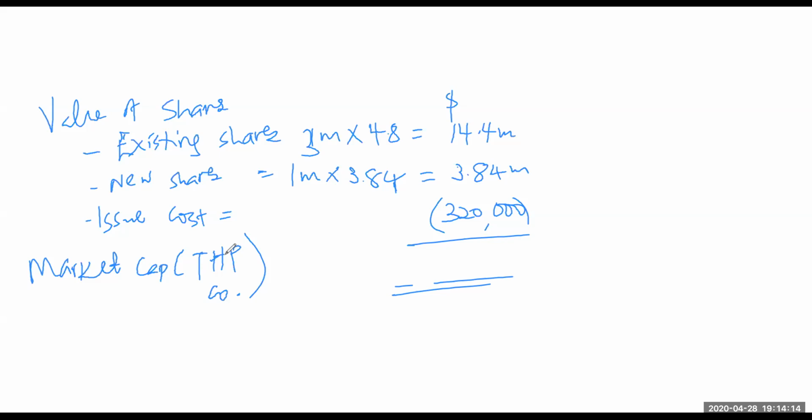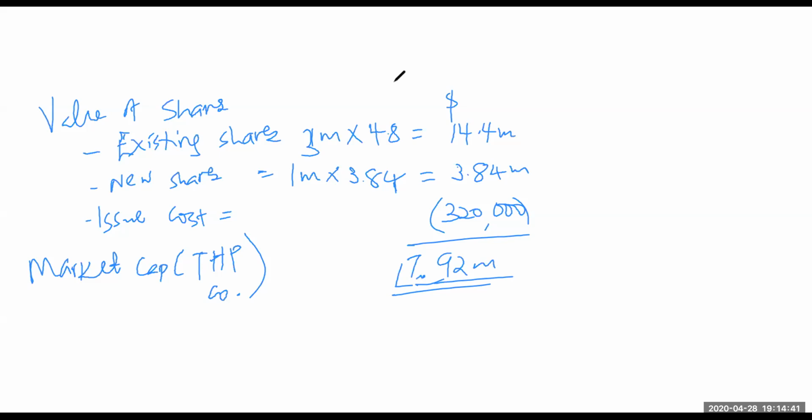Here they did incur a cost of 320,000, and we get 17.92 million. Can you confirm that answer? Mahir gets 17.92 as well as Samuel. So you get 17.92 million as the market value of THP company.